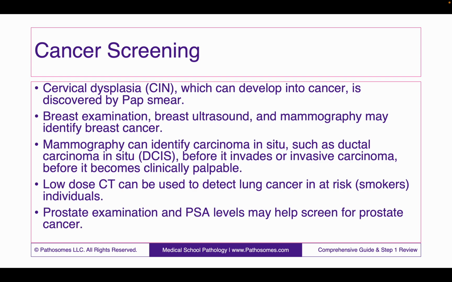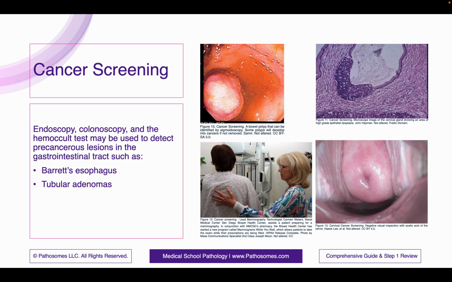A prostate examination and prostate-specific antigen levels, PSA, may help screen for prostate cancer. We can also do endoscopy or colonoscopy and the hemoccult test to detect precancerous lesions in the gastrointestinal tract, such as Barrett's esophagus or tubular adenoma.